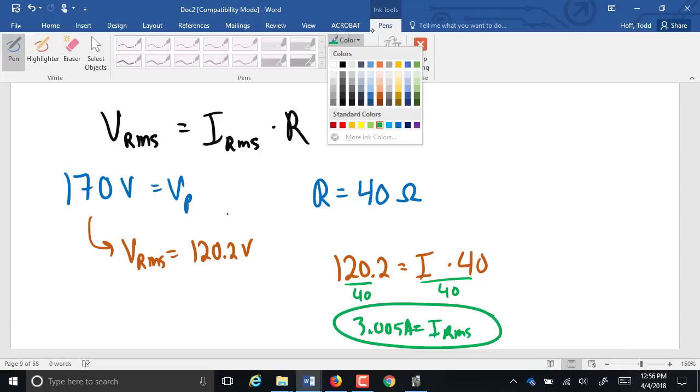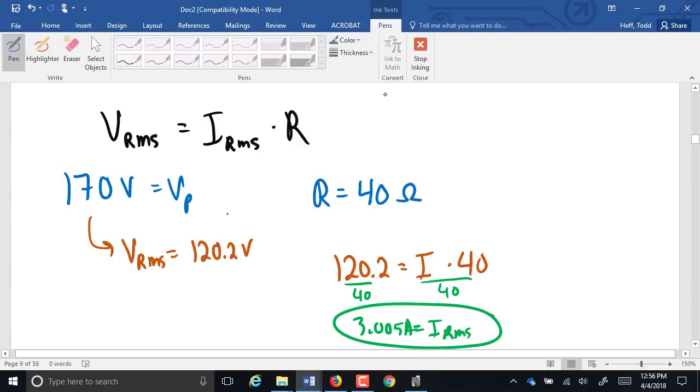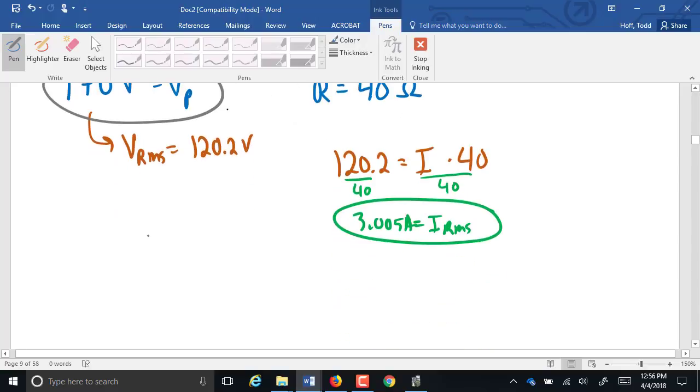That's my RMS current. Now, what if I wanted to know the peak current? Well, I have two options. I could go back to the square root of 2. I know that the RMS current is going to be the peak current divided by the square root of 2.